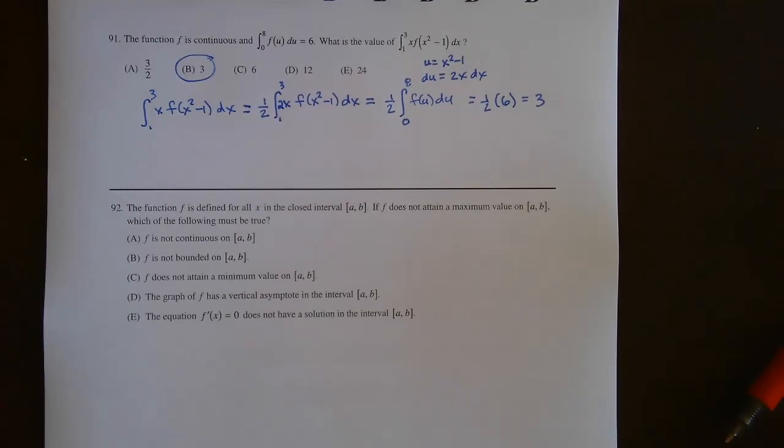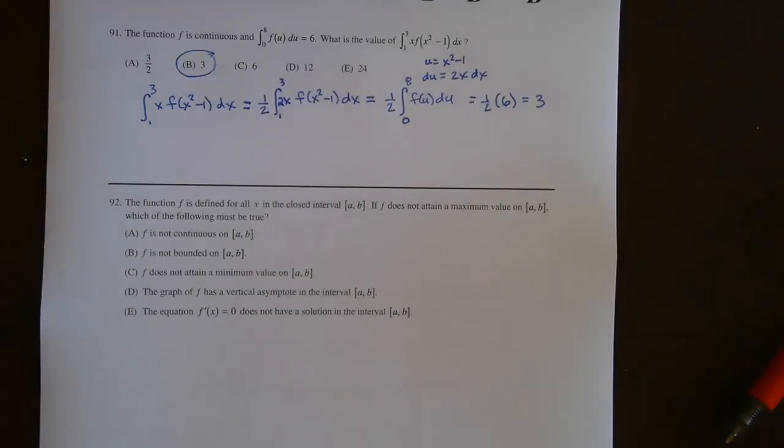All right, let's do 92. So 92 is testing you on what's called the extreme value theorem, okay? So the function f is defined for all x in the closed interval. So you have values for the function. It's not undefined anywhere. If f does not attain a maximum value on the closed interval a to b, which of the following must be true?